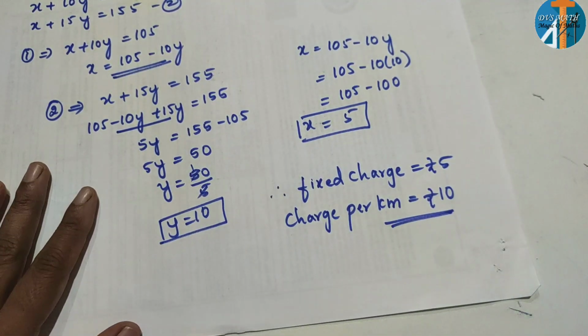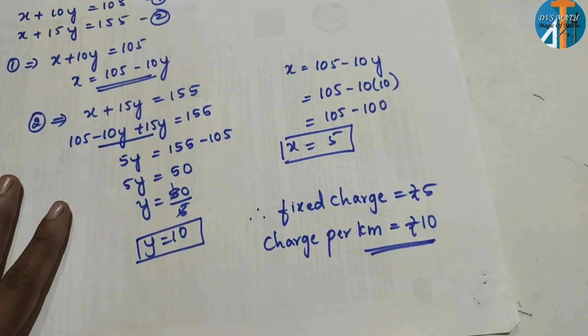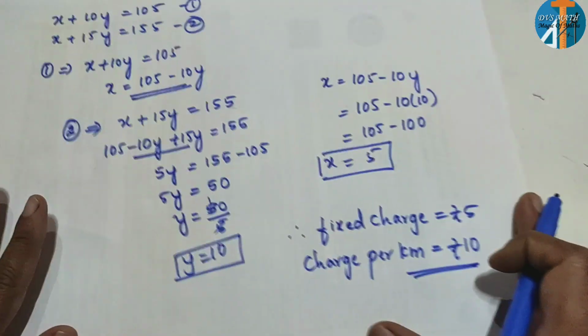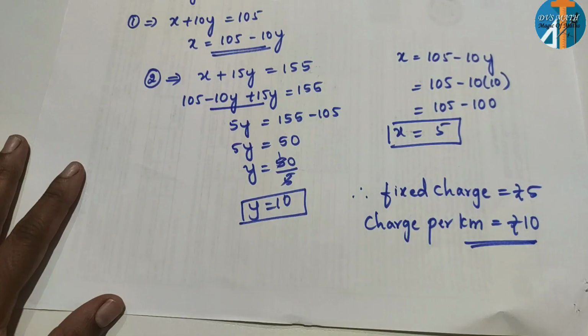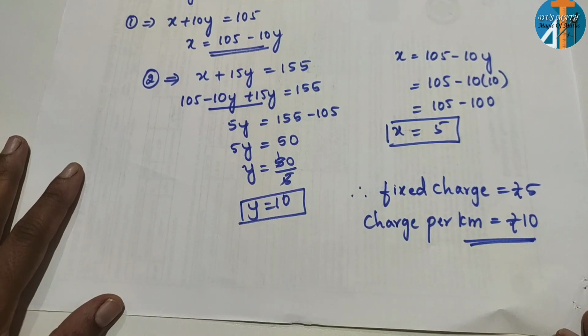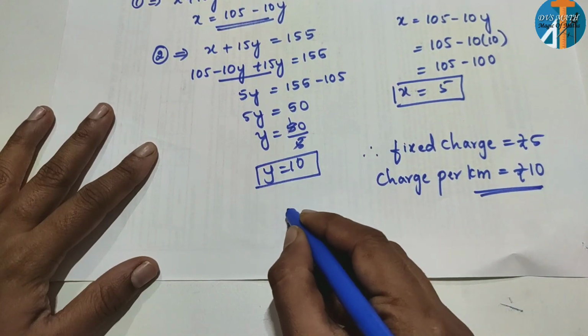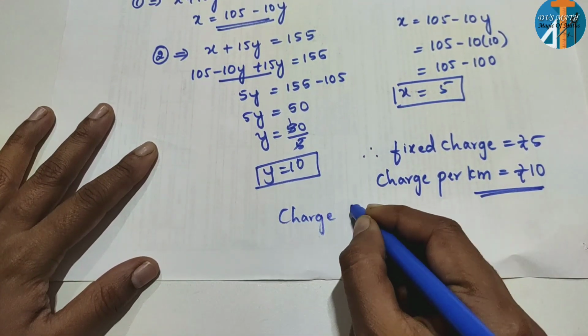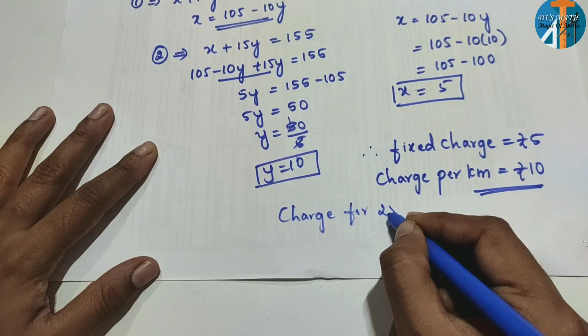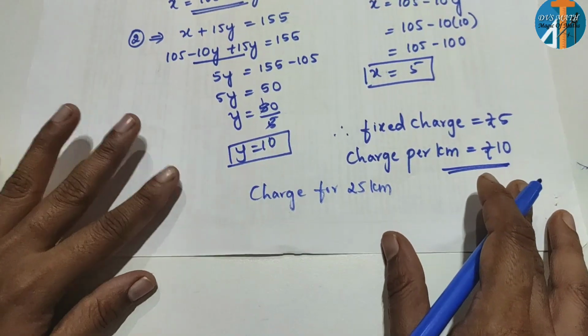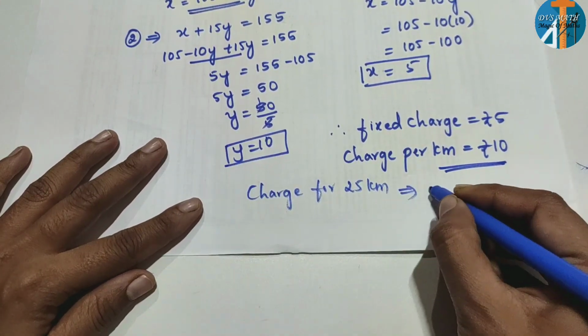Okay, 5 is fixed and depending upon the kilometer, 10 rupees is multiplied for that. So in total you will have to pay that amount. In the same question, they asked to find the charge for 25 kilometers, right? What will be the equation?